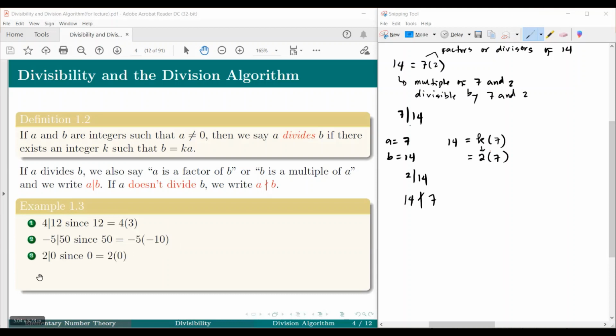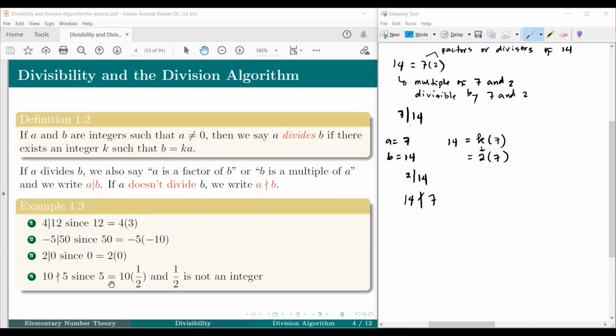Then the third one is 2 divides 0. Why? Since we can write 0 equals the product of 2 and 0. Then here, number 4, 10 does not divide 5.